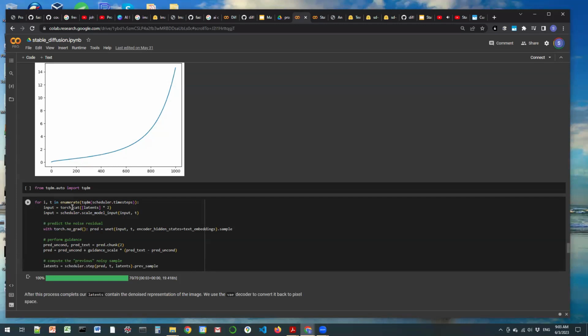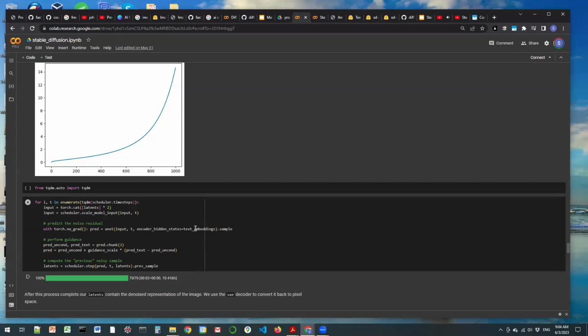So we take both the latents, both meaning both the coded and the null value, then send that to the model. Obviously this is an inference model, so we don't want any gradients in this process. So we just use .nograd. We predict the unit, input, time steps, encoder hidden states, which are our text embeddings from the text.